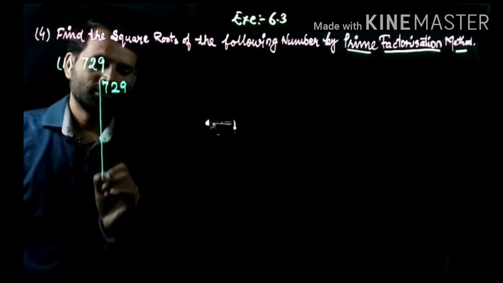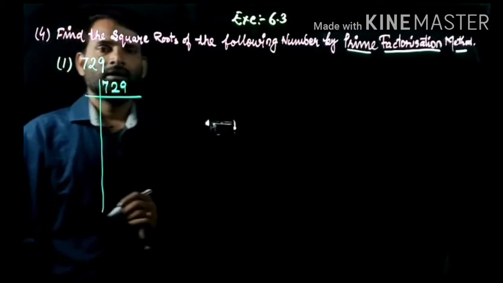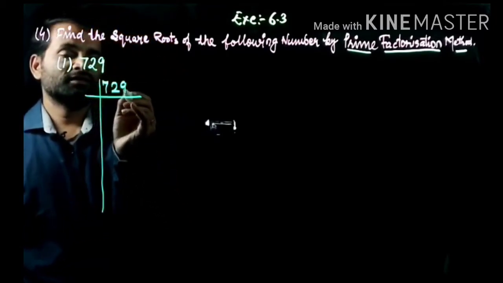So the simple method will be 729, and divide. The first number is this 9.